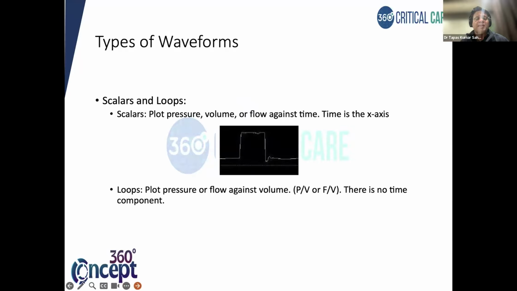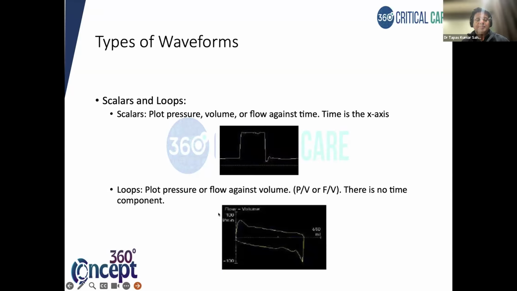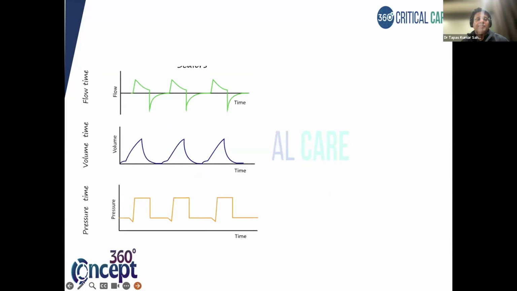So that means pressure-volume, flow-volume. There is no time component in the loop. And this would be looking like this, flow time, flow volume. Clear? Now, these are the pressure time, volume time, and the flow time. Clear?